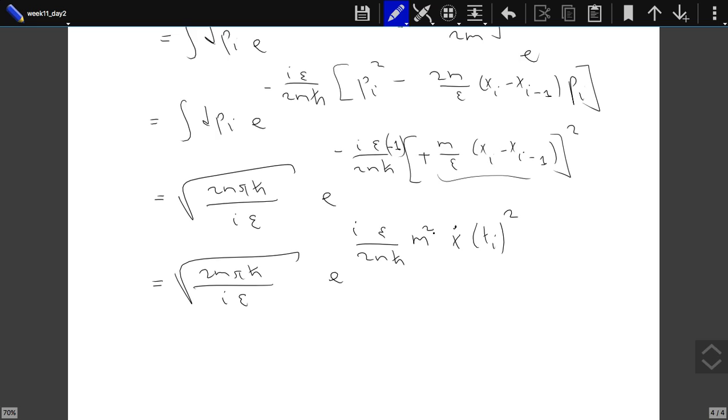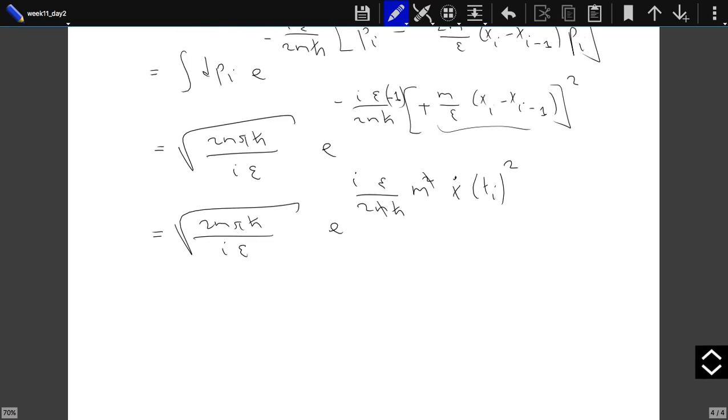And these m's also cancel. 2m pi h bar over i epsilon, e to the power i epsilon times 1 over 2m x dot squared. 1 over 2 m v squared, basically.